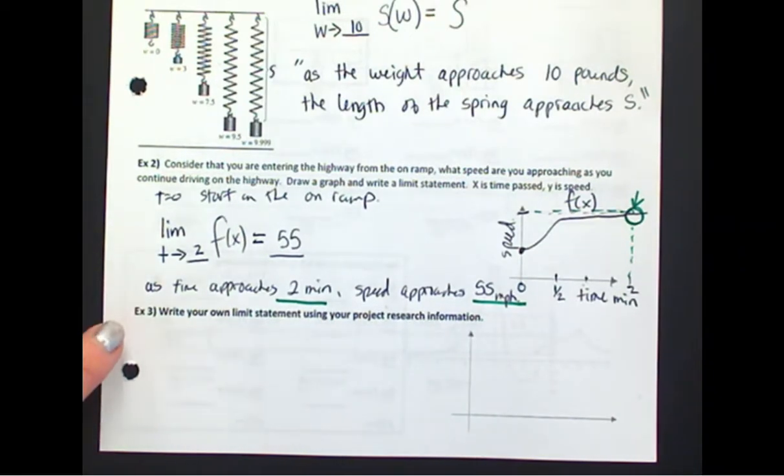Okay, write your own statement. You can use data that you did for your project, or you can make up information. Sketch what you think the picture is, write a limit statement. We will have to share some of them. Write your own limit statement with units and quantities that make sense. It could be based off of the data you collected.